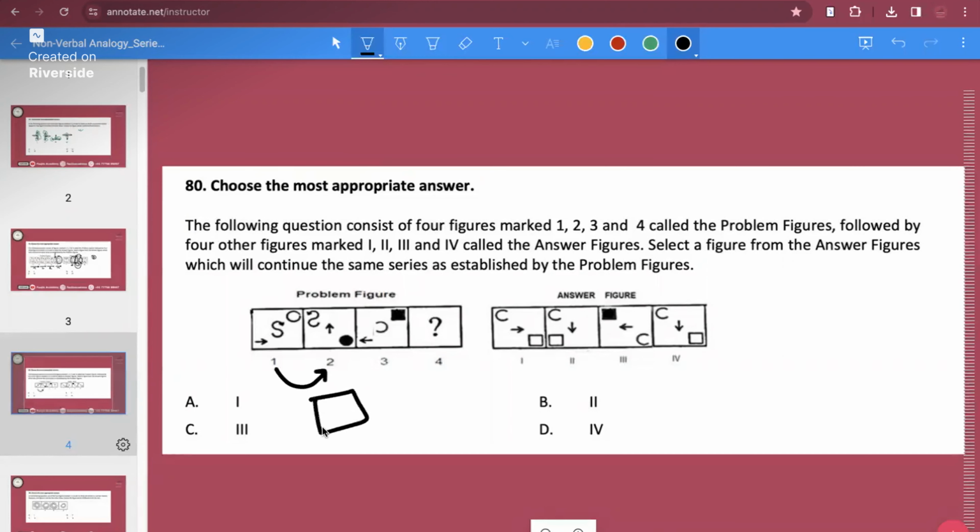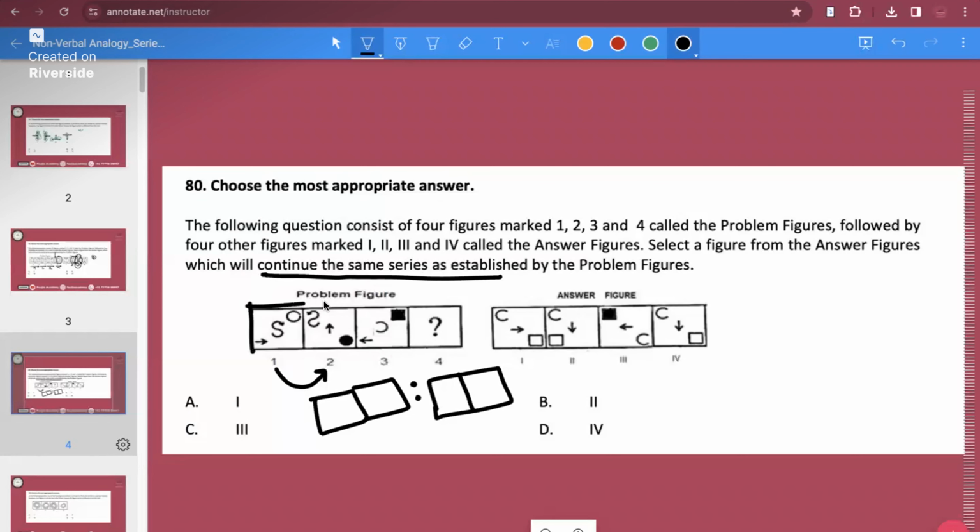But we'll be applying this concept when we study non-verbal analogy. Okay, sir. This approach is not wrong, but we are studying what will continue the same series. We are just going by the theory. 1, 2, 3, 4: all these four need to be similar.